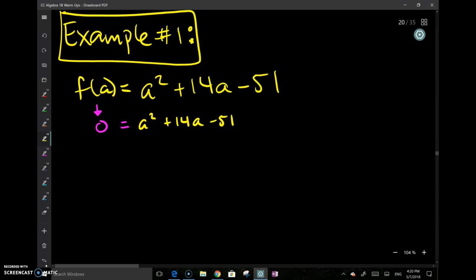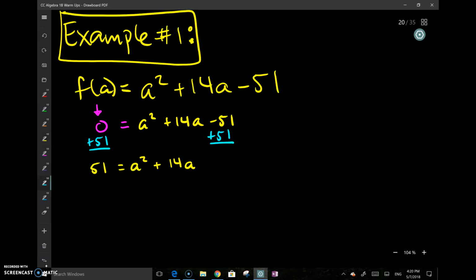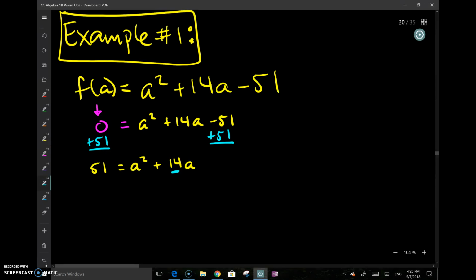Now, you want to move the constant, or the negative 51, to the other side. And the reason is so that you have space to go ahead and add an extra part to this. So this would be 51 is equal to a squared plus 14a. And the part that I want to add is going to be made up of my b number divided by 2.